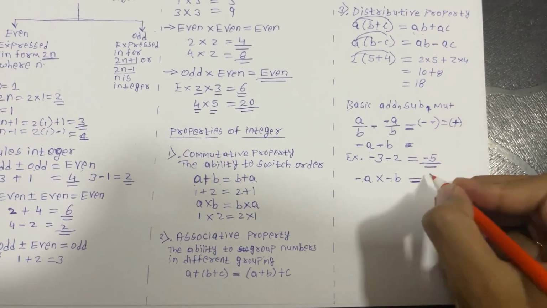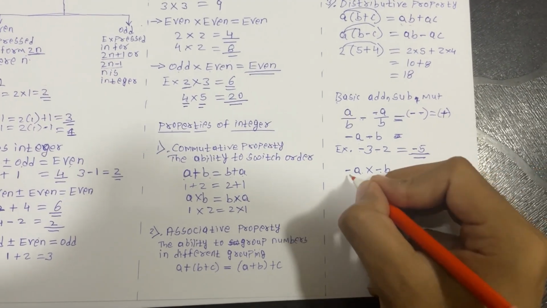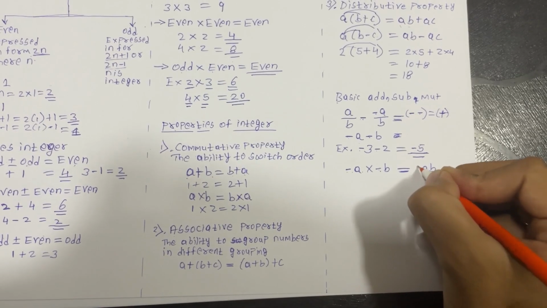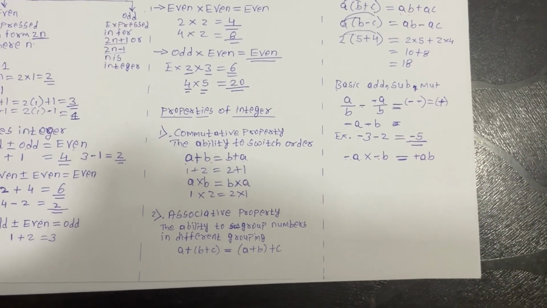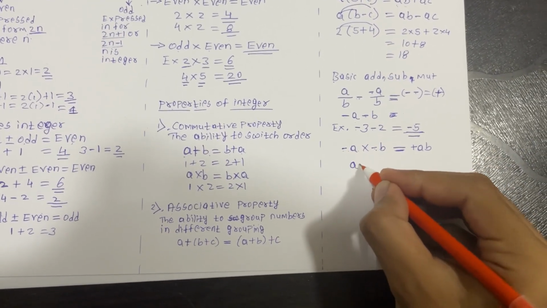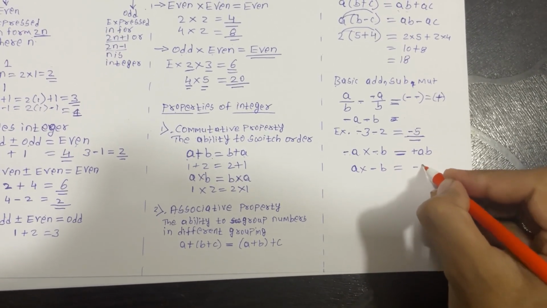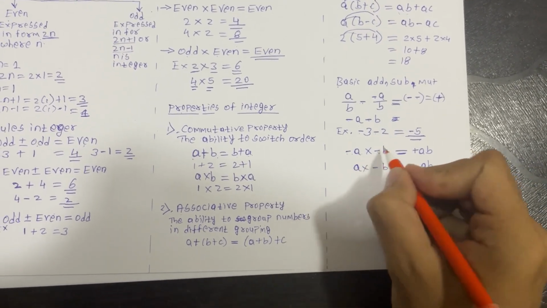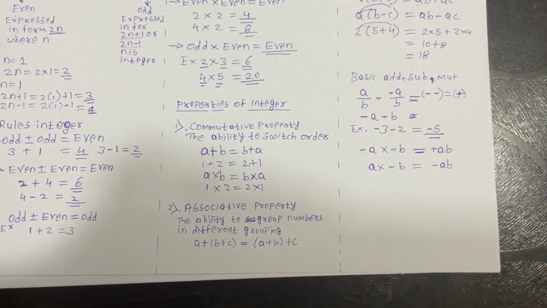A into b, that will be a into b, the value, and minus minus is plus, right? So here will be a plus sign, okay, not a minus sign. So we have to keep this while solving multiplication. If it is a into minus b, then it will be minus ab. Okay, so we have to keep these basic rules in mind while solving addition, subtraction, multiplication.